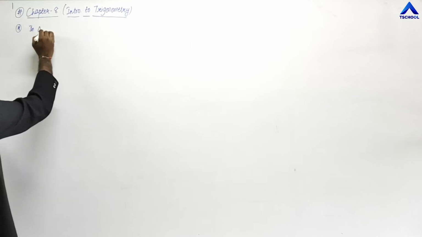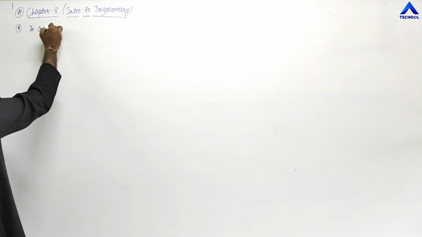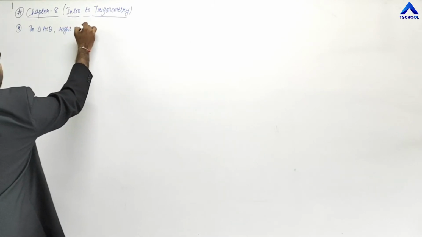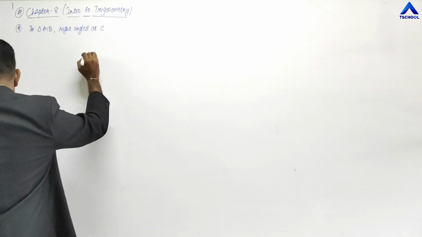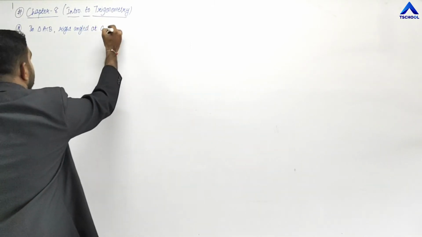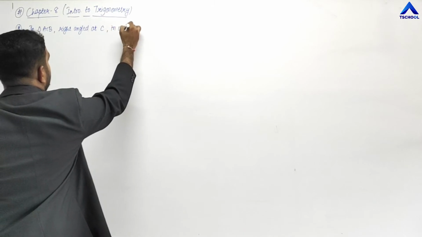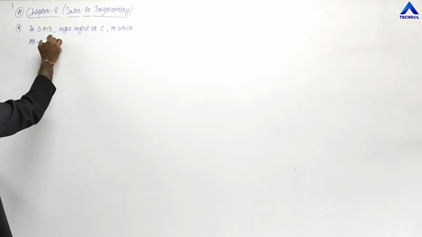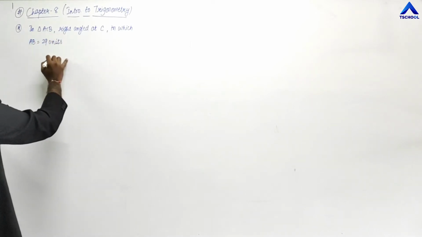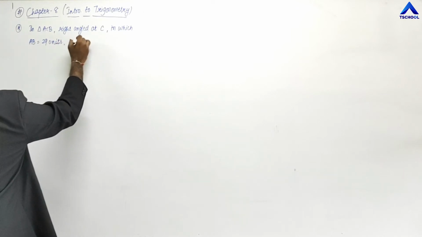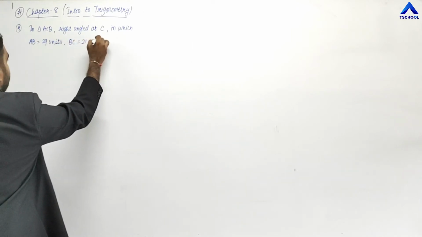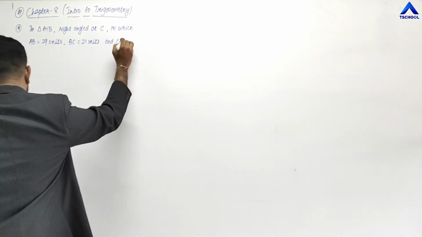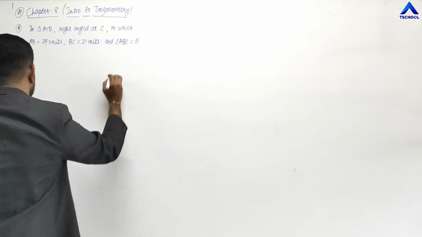In triangle ACB, right angled at C, AB equals 29 units, BC equals 21 units, and angle ABC equals theta.